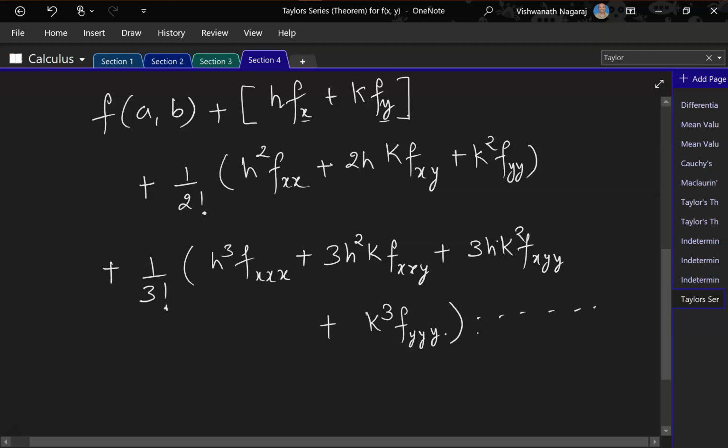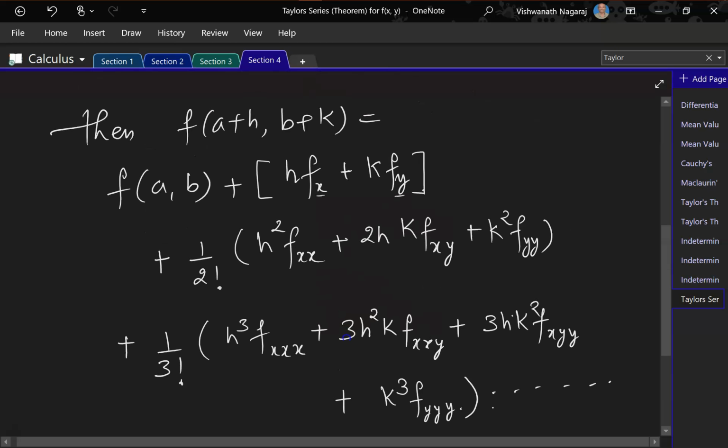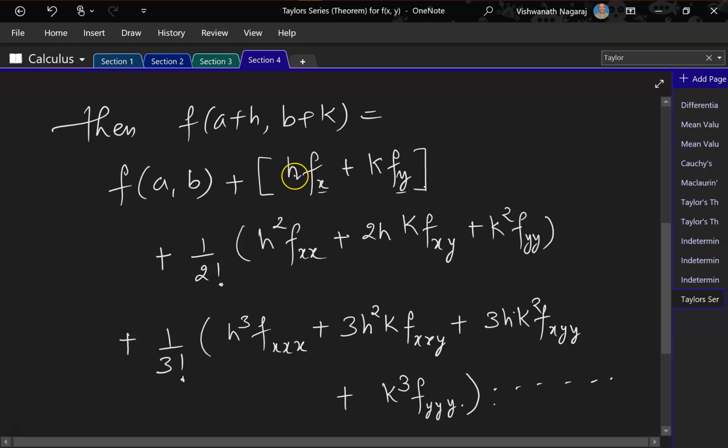But think of it like this. Just focus on the h and k. Let's focus on h first. You will notice that h to the power of 1 is there here, h to the power of 2 is there here.